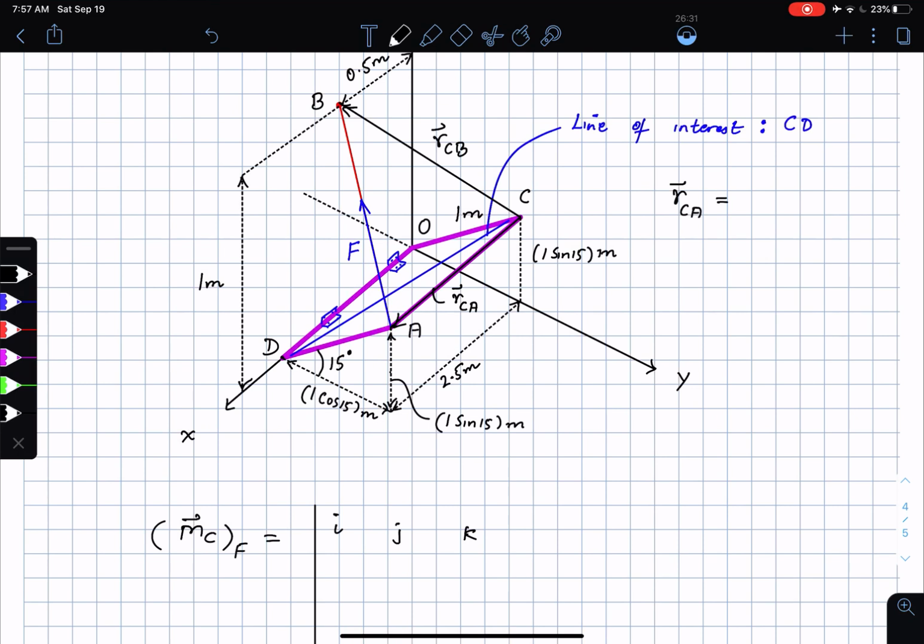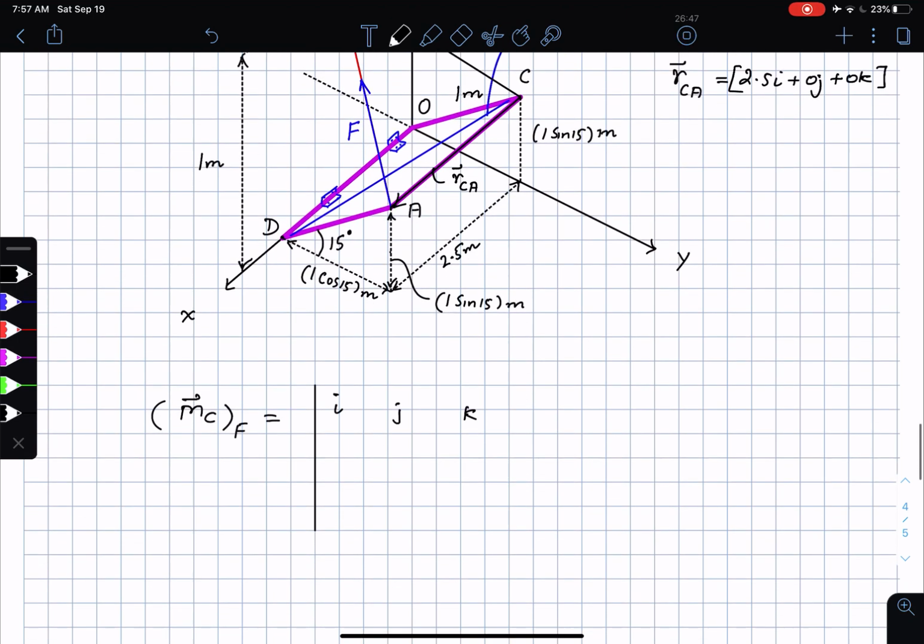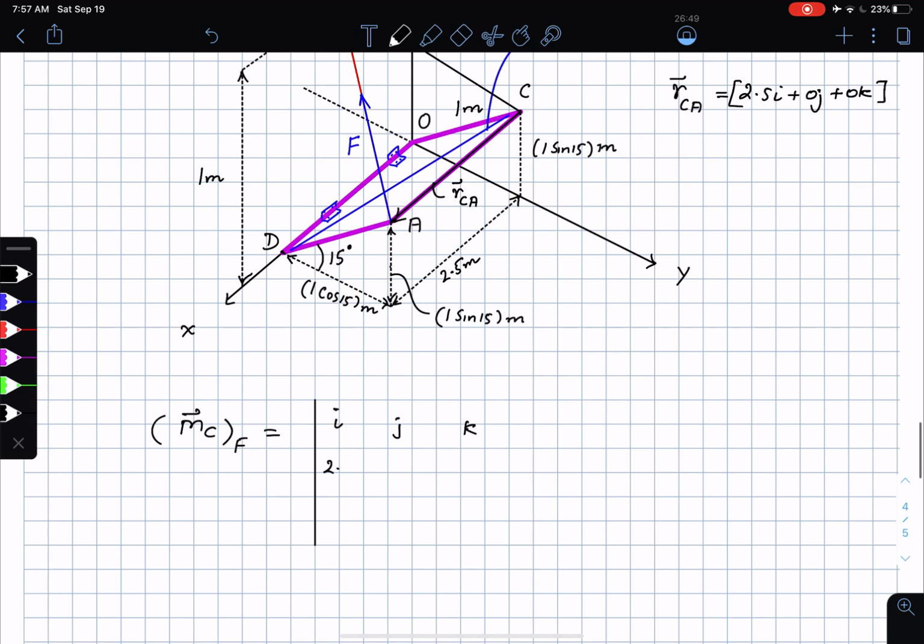So the only thing that's going to be left for me as I go from point C to point A is the distance of 2.5. So this is going to be 2.5i, 0j, and 0k.